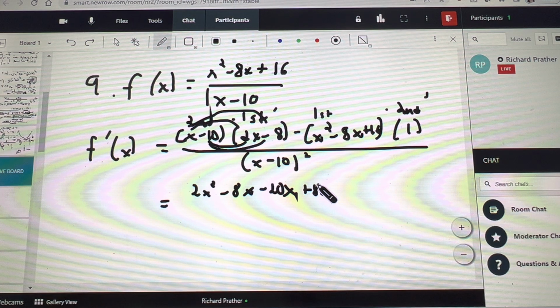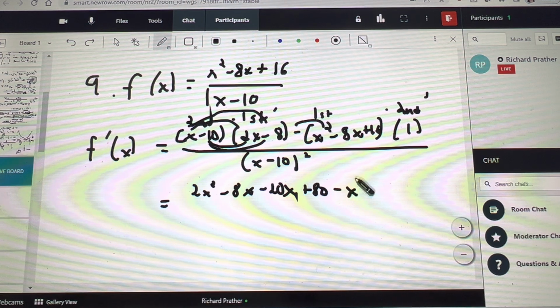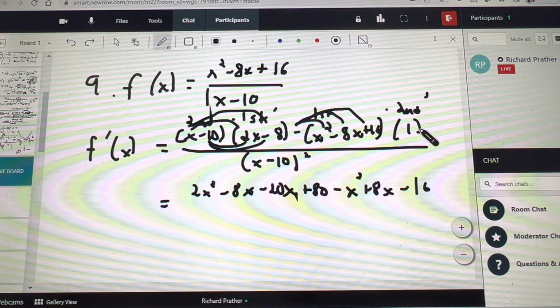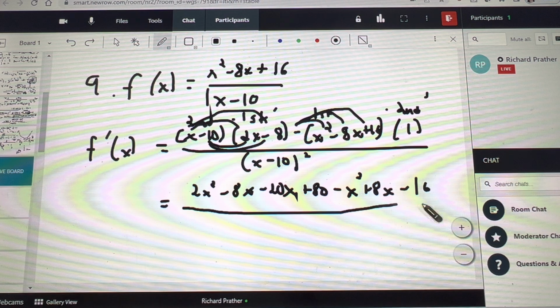Here's a very common algebra mistake that's often in calculus, where you have a negative in front of a parenthesis. It goes to everything inside of there. Negative x squared, positive 8x, and negative 16. And if this wasn't a 1, I would have to distribute that 1 first. All over the second squared.